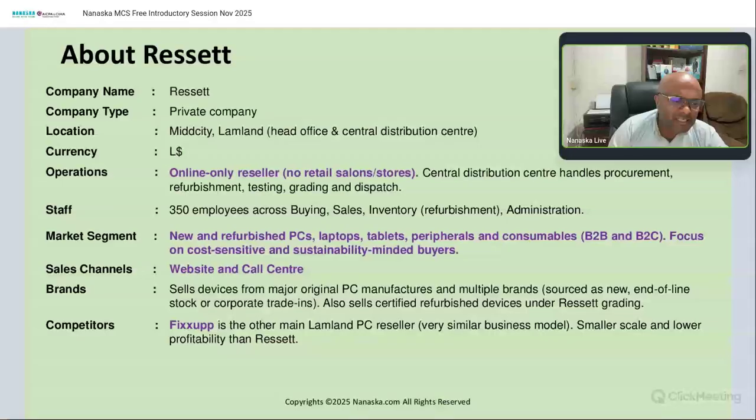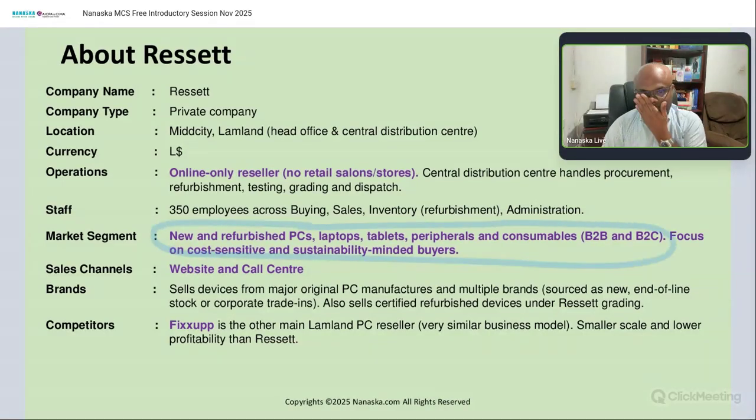What do you mean by sustainability-minded buyers? And cost-sensitive? Well, the computers that we sell are about 30% cheaper than a new one. So if there are price-sensitive customers, they can come and buy a used computer from us.